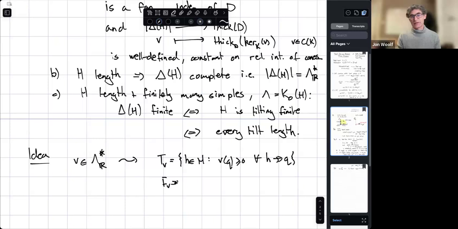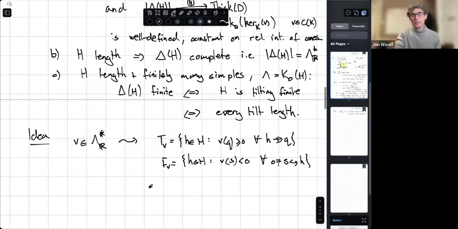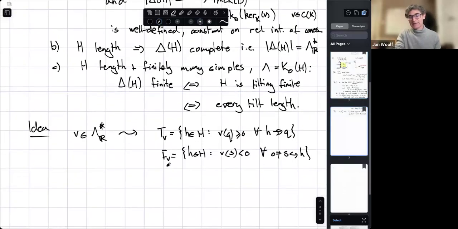The torsion-free part should be defined in a similar way, but looking at sub-objects, and you want that v is strictly negative for all non-zero sub-objects. No, not in Q, in H. So this thing is trying to be a torsion pair.